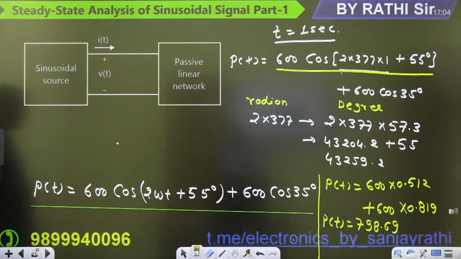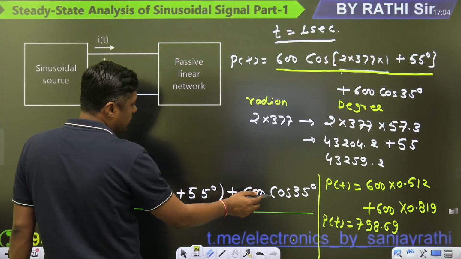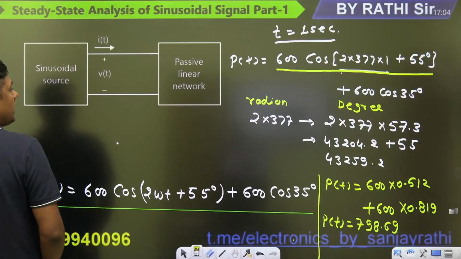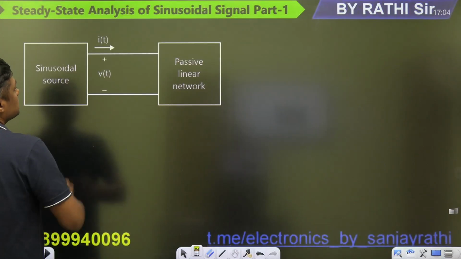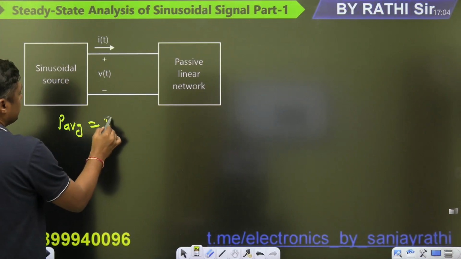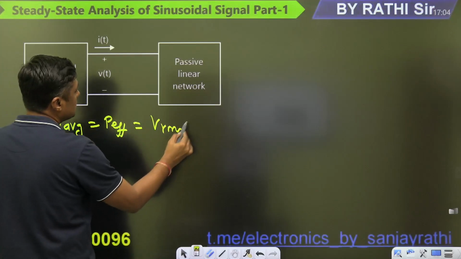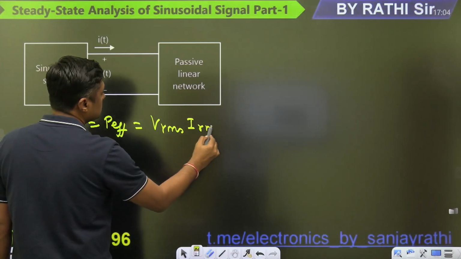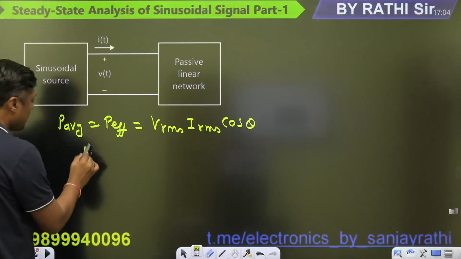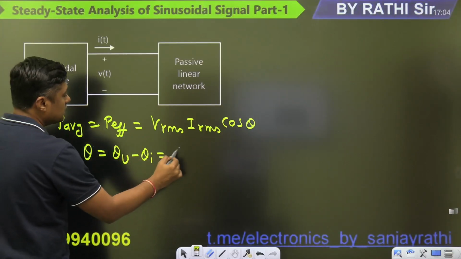Now, average power. What about this term? This term is actually the average power. Suppose you want the average power, then P average, P effective is nothing but V RMS, I RMS, cos theta. Theta is theta V minus theta I. What is theta V? 45.